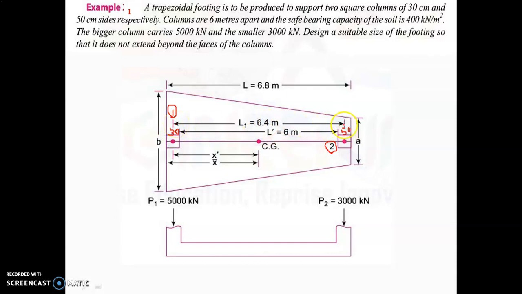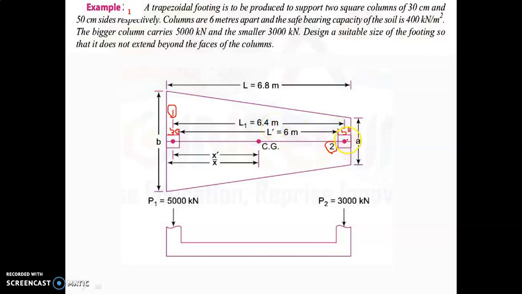And here the side is 50, so half of 50 is 25, so 0.25. 0.25 plus 0.15 equals 0.4. So L1 is equal to 6 plus 0.4, 6.4.